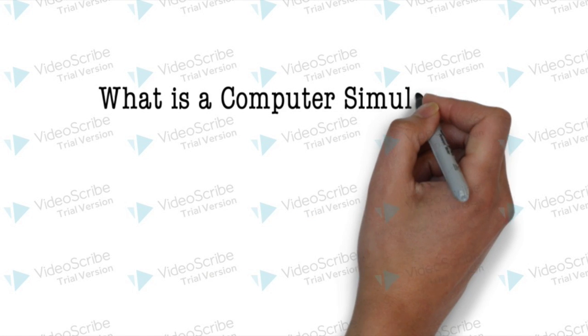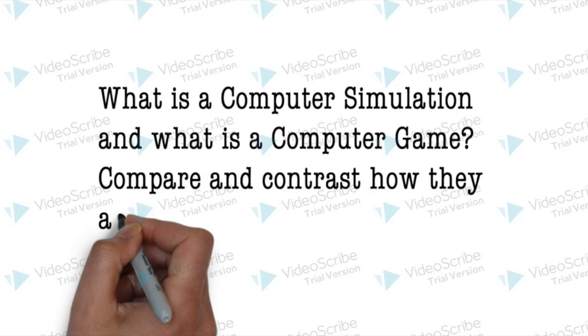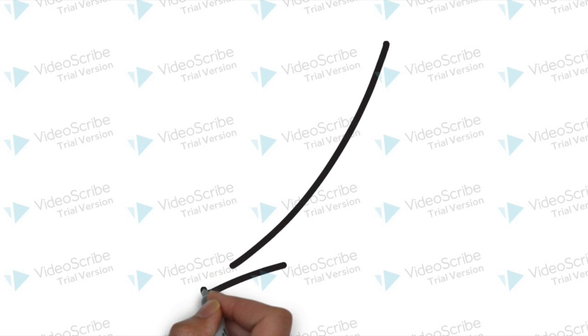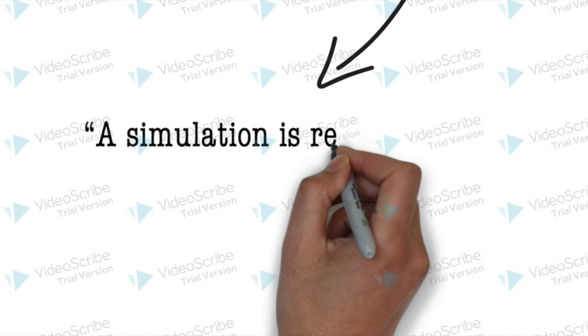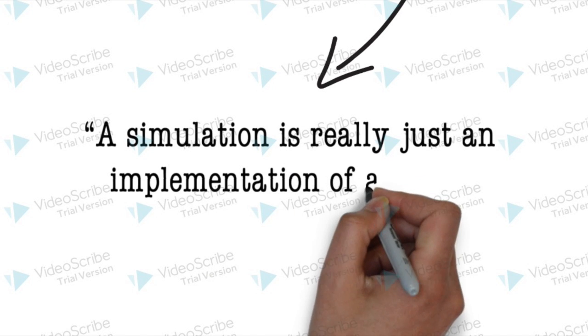Now for the question: what is a computer simulation and what is a computer game? Compare and contrast how they are similar and how they differ. I will take as a reference a description from Becker and Parker of the computer simulation, where they say a simulation is really just an implementation of a model.